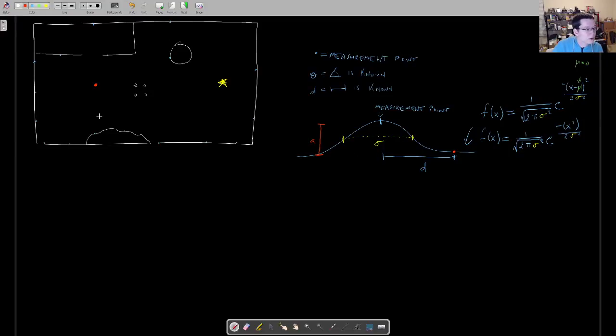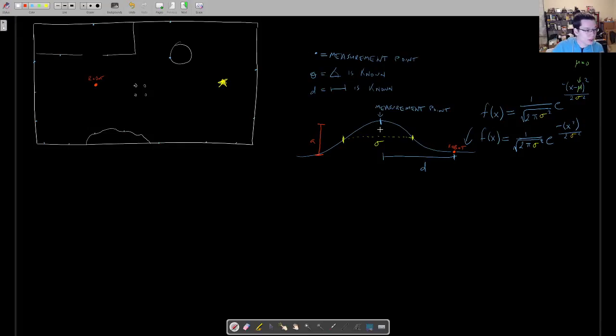Now this red corresponds to this red. And we know this is d because this is the distance from the measurement point. If this is the measurement point, we put our robot out here somewhere. That's the distance. And this way, it kind of models what our fountain's going to be doing.